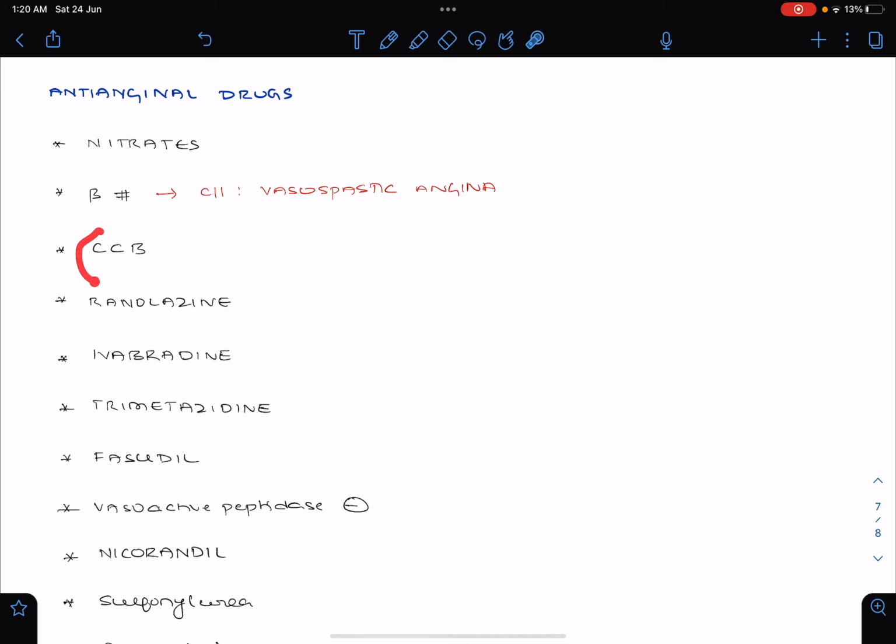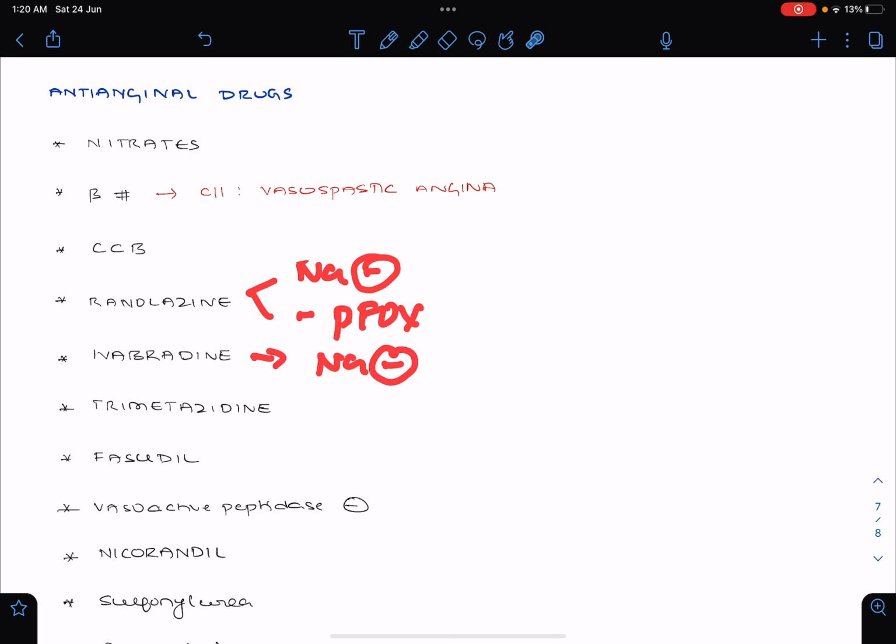We have calcium channel blockers. Ranolazine has a dual action: one is the sodium inhibition, and it also inhibits PFOX activity. Ivabradine is a funny sodium channel inhibitor. Trimetazidine again inhibits PFOX activity. Fasudil is a Rho kinase inhibitor.